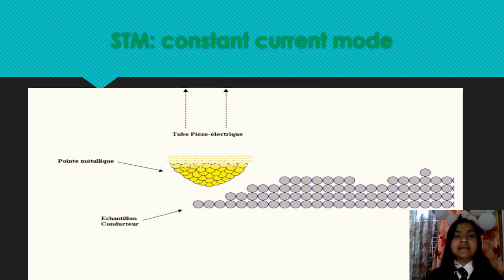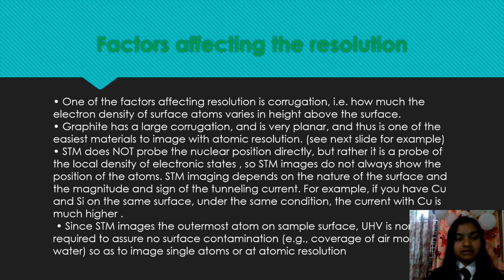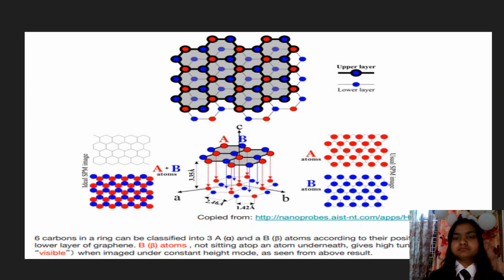Now this is the STM constant current mode. Since STM images the outermost atom on the sample surface, ultra-high vacuum is normally required to assure no surface contamination, for example, coverage of air molecules or water, so as to image single atoms at atomic resolution.